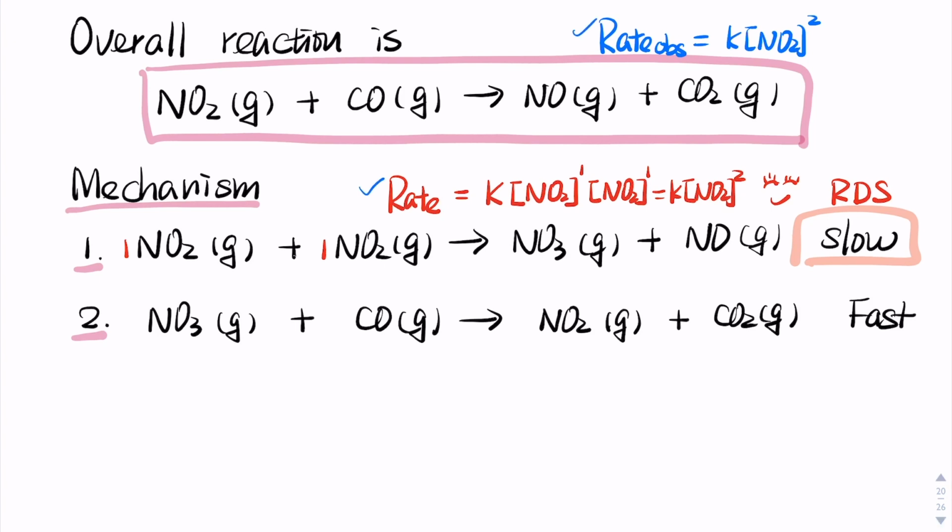That's good. That means what we proposed as the mechanism, the elementary steps, were actually correct. That's the end of this question. That's super easy. Again, when you see the slow step is the first step, you should be very happy, and in one step, you're done.